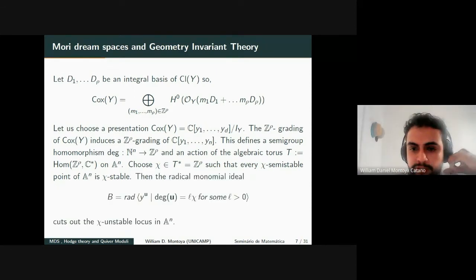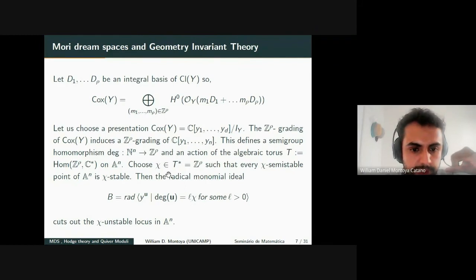When you do a GIT quotient, somehow you want to remove some unstable locus, some unstable points, and this is the way you do that. If you choose a character here in the dual of the torus, that is exactly the class group, you remove all the points that, when you send them under this degree map, do not give a multiple of the divisors you started with.